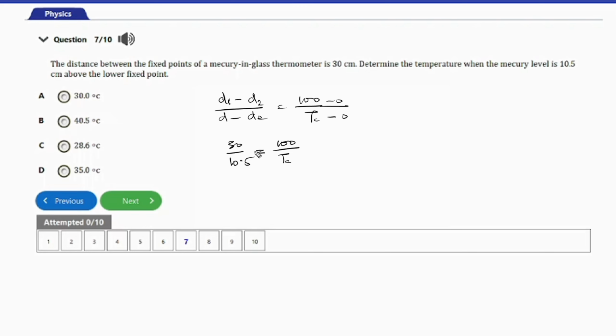So guys, if we resolve this, we are going to have 30t is equal to 10.5 times 100. So in that case, T is equal to 10.5 times 100 over 30, and that's 35 degrees Celsius. So option D is the answer to this question. Let's go ahead and consider the next question, guys.